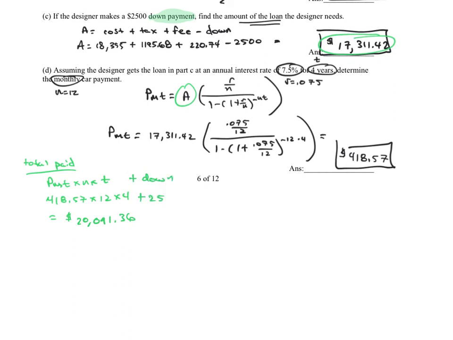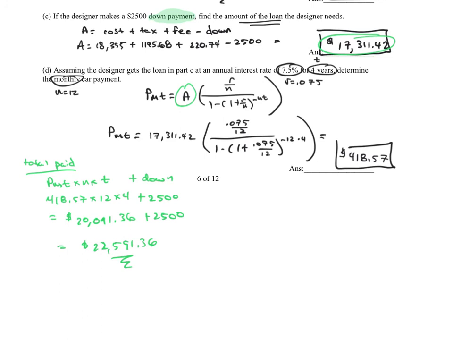So we have to add that $2,500 down payment. So how much did this person actually pay for this car? You ended up paying $22,591.36 for that car. It's pretty crazy to think what that is, okay?